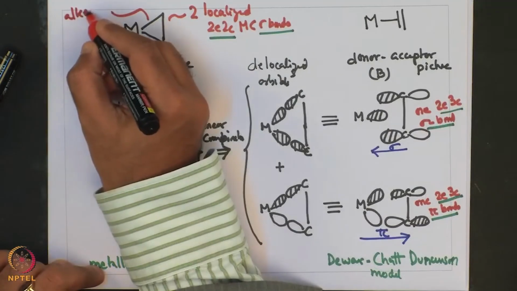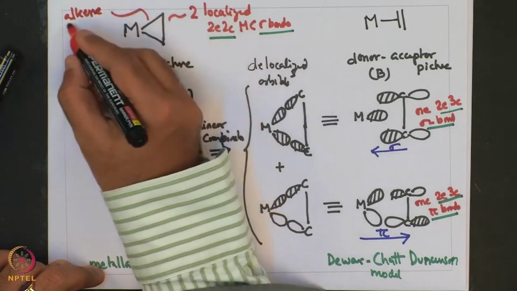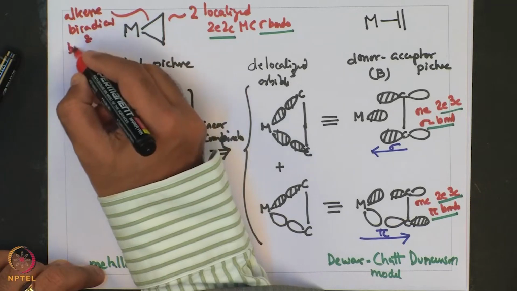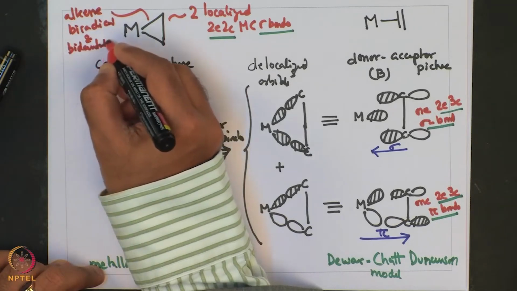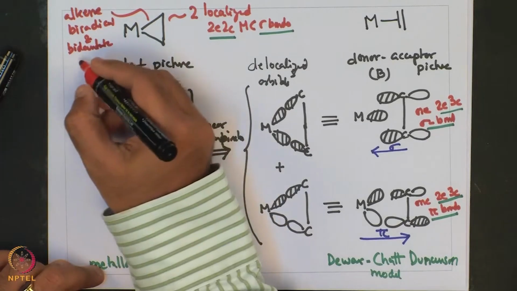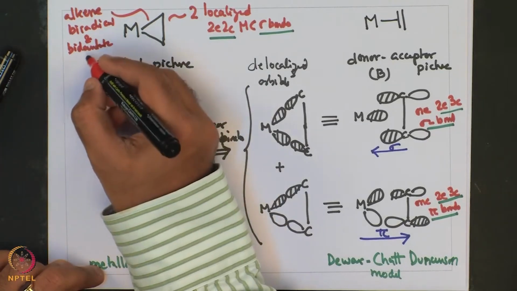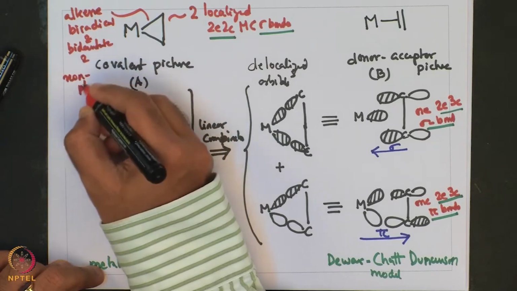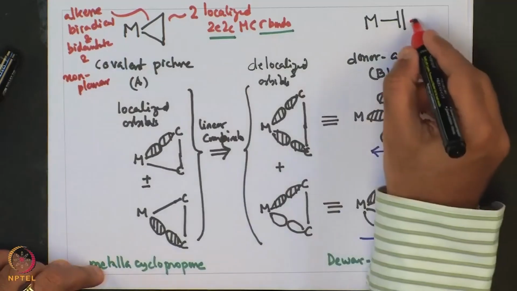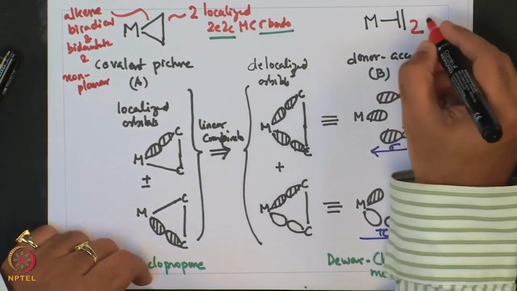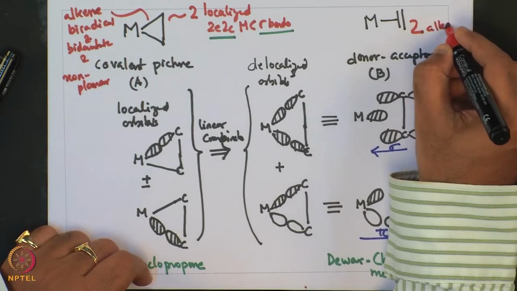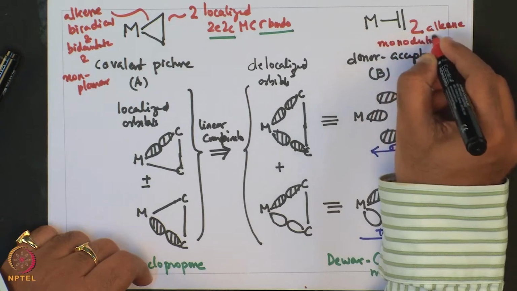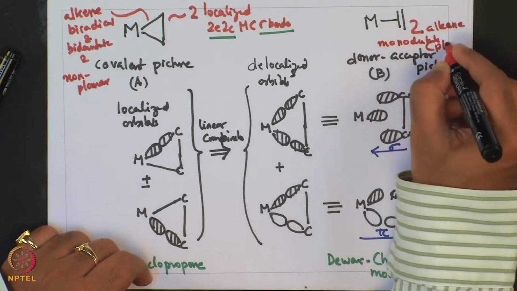In this case, alkene is biradical, bidentate, and also non-planar. Now, in this case, alkene is monodentate and also planar.